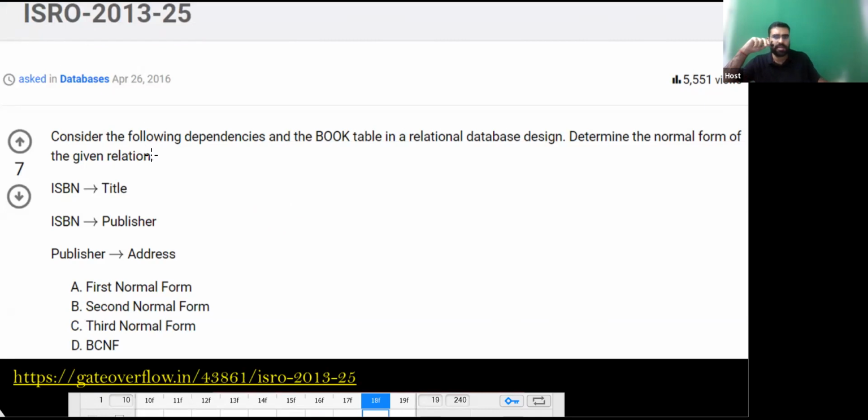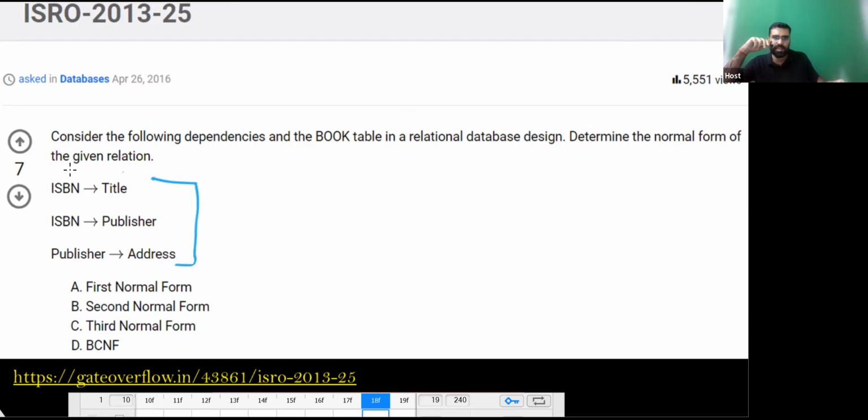Tell me the answer. Consider the following functional dependencies given to you, and the book table is given to you in the relational database design. Determine the normal form of the given relation. Whenever you see this question, remember what you need to do. First of all, these big attribute names you can convert into small names.